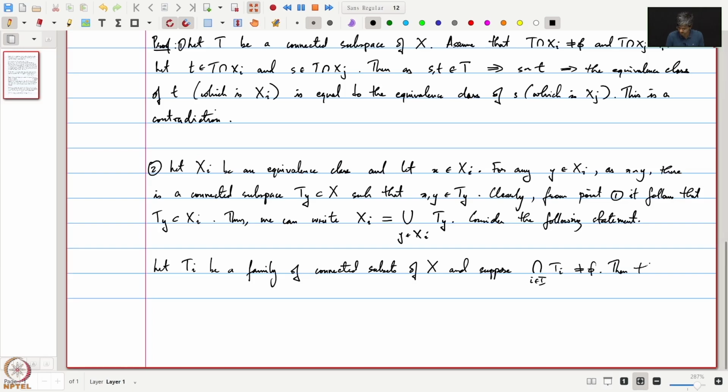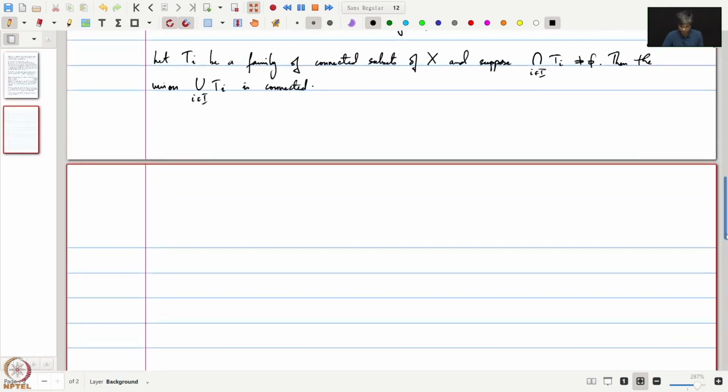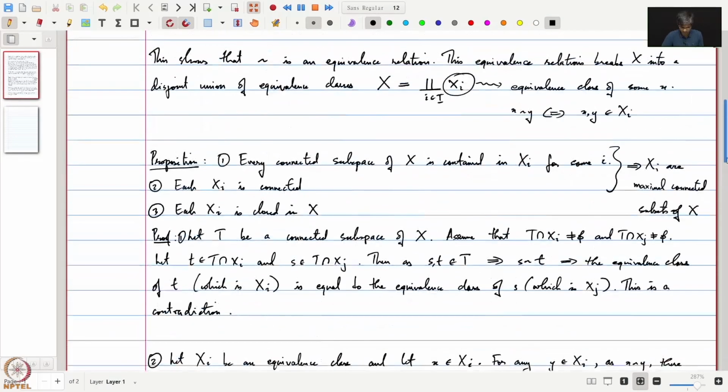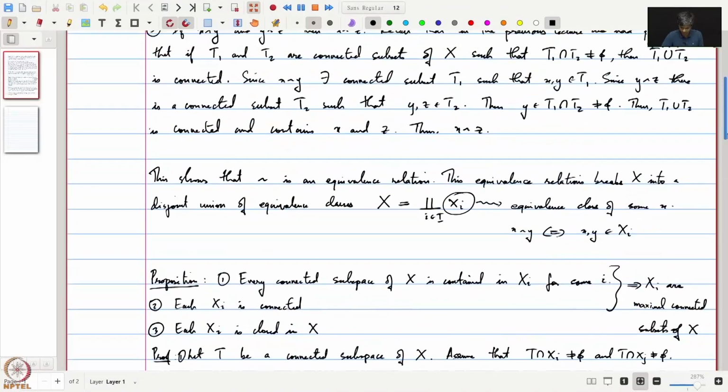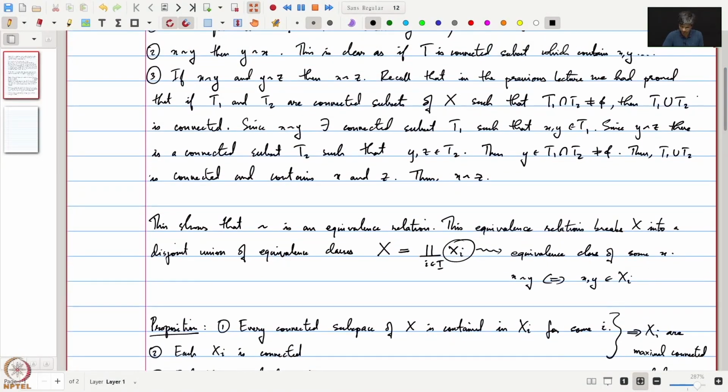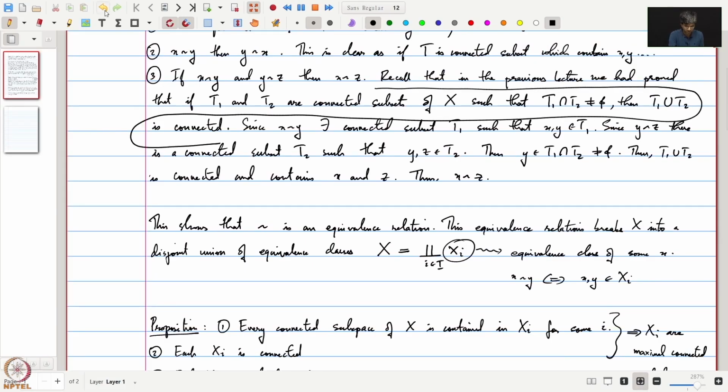So then the union of Ti is connected. Okay. So the proof of this is very similar to the proof of the lemma that we proved earlier, this one, right?